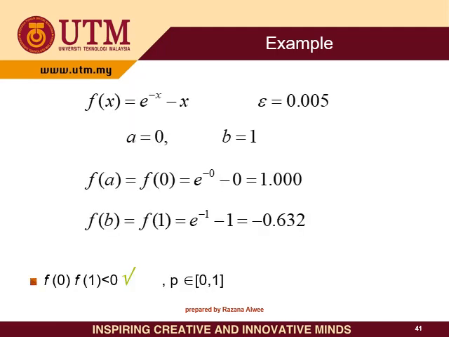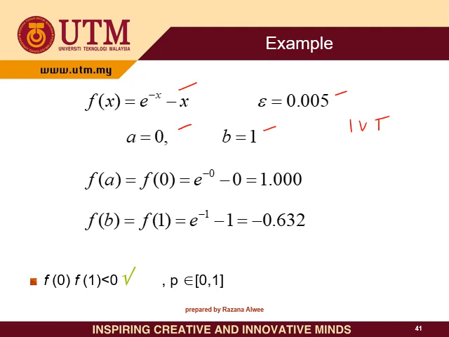Again, find your fx. You know your a, you know your b, and you know your error here. So you first need to do the IVT, the theorem, to know whether you have a root between a and b.